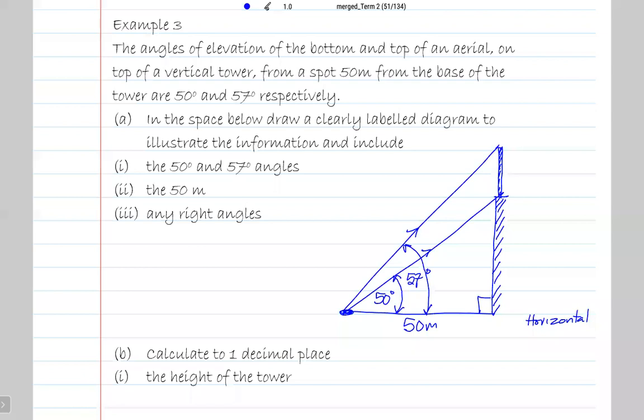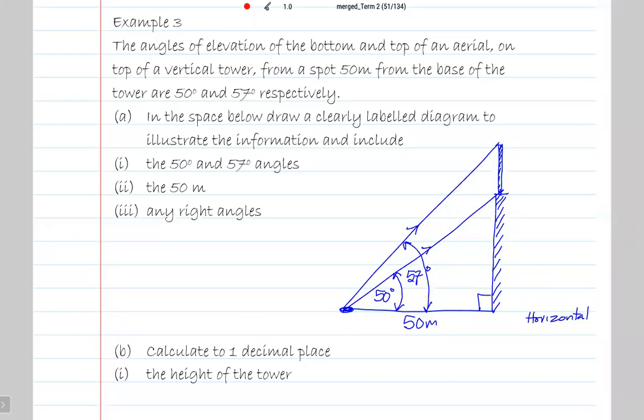All right, so let's go to the B part of the question. Now, in the B part of the question, we're asked to calculate, to 1 decimal place, the height of the tower. All right, so this is the tower here. So the height of the tower, I'm going to call it X. That's the height of the tower.